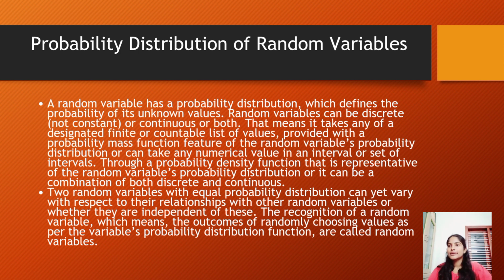A random variable has a probability distribution which defines the probability of its unknown values. Random variables can be discrete or continuous, or both.